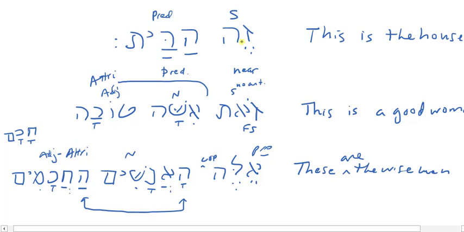Well, it's whatever this is referring to. So if this is a house, and I'm pointing to a house which is masculine in Hebrew grammar, then which form of this do I use? I'm going to use a masculine form, right? And if I'm pointing to a woman and saying this is a woman, then which form of this am I going to use?